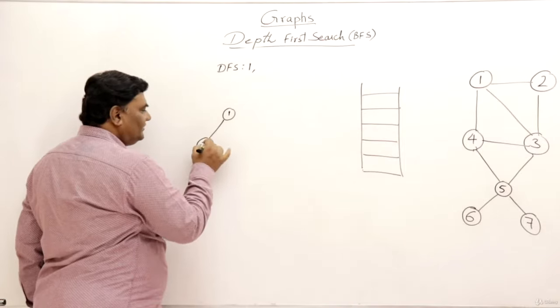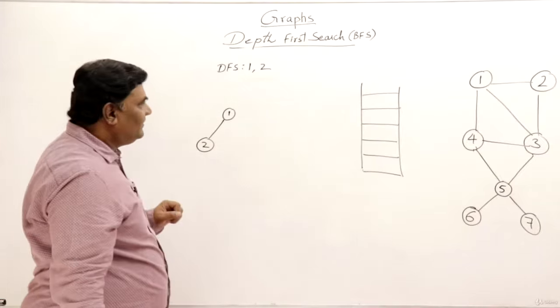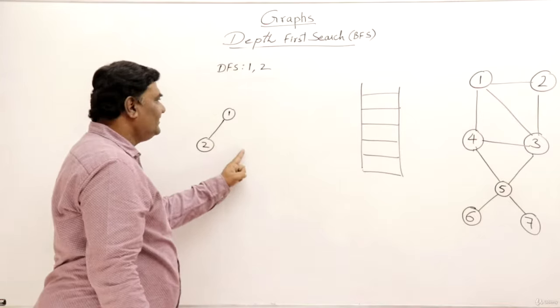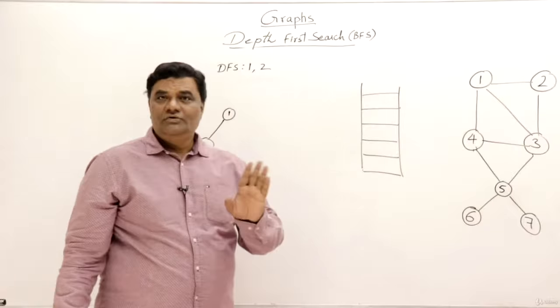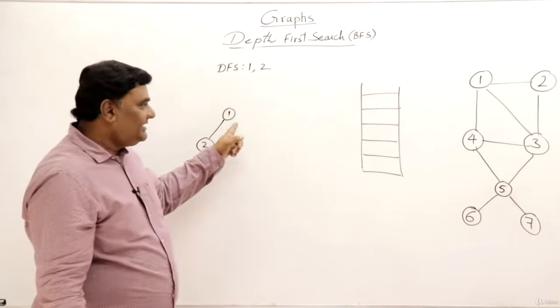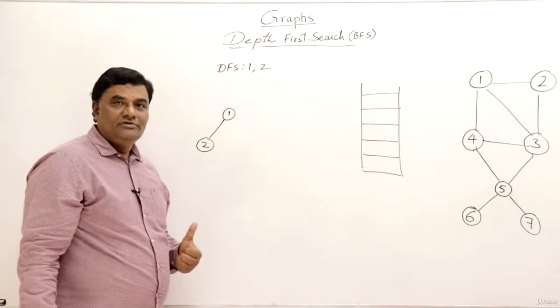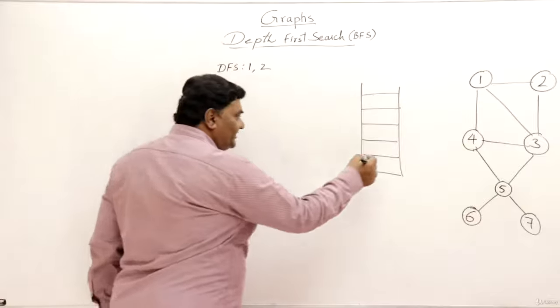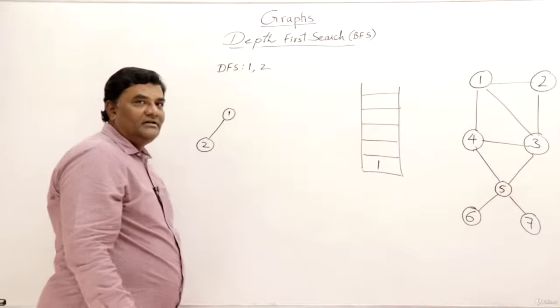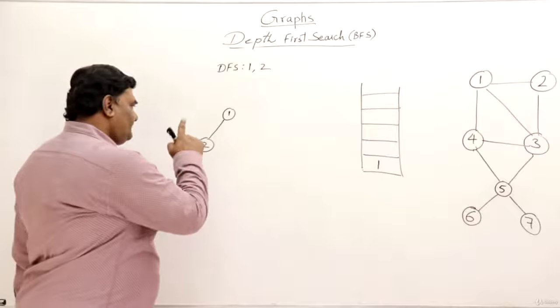Okay, 2 is visited. Then, what is the next vertex of 1? The adjacent vertex is 3. No, don't go to the next vertex of 1. Suspend the exploration of 1 and start exploring 2. Then what to do with 1? Push it into the stack so that we can continue its exploration afterwards. Now we are on vertex 2.